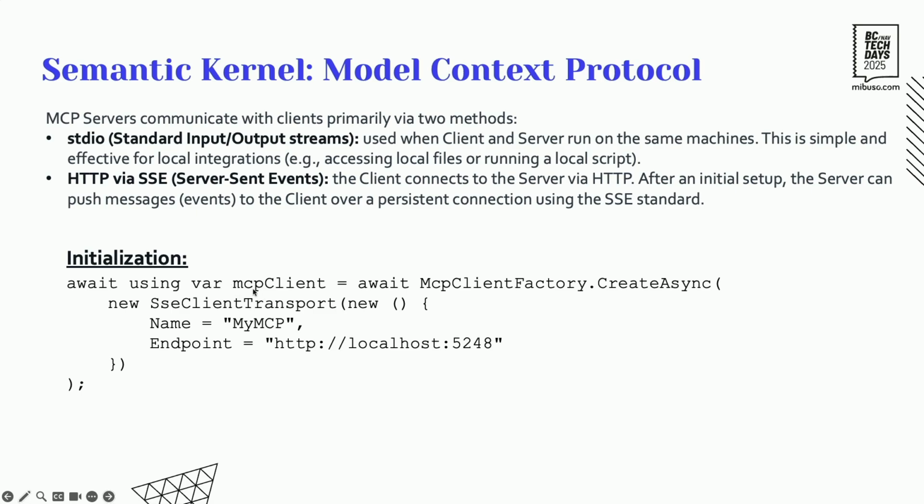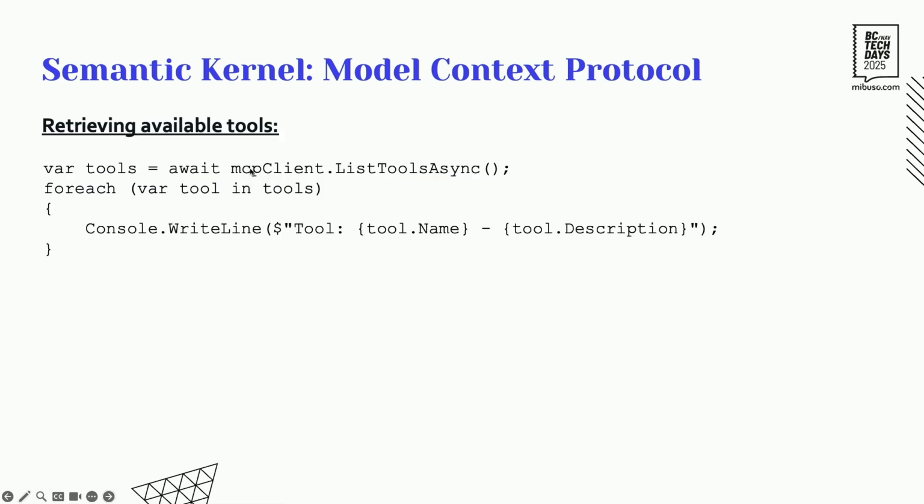When someone gives you an MCP server, they need to provide you the URL and the protocol that it supports. An MCP server can have tools, so a set of functions available. With this line, you can list all the tools that this server has available and then use them from your model.